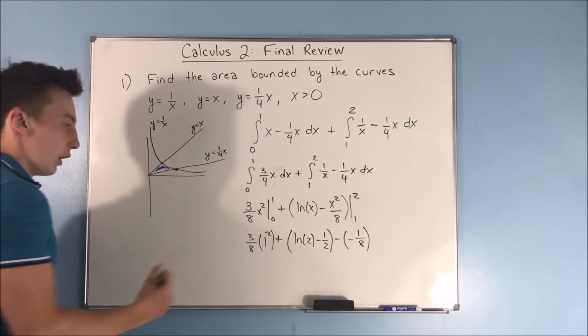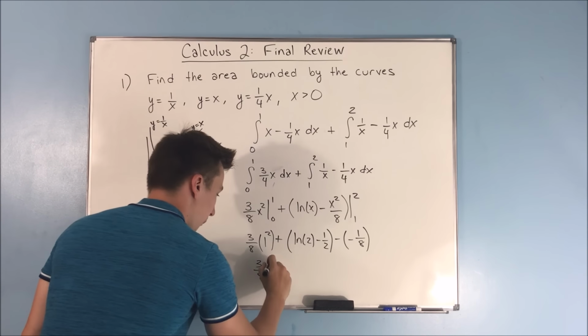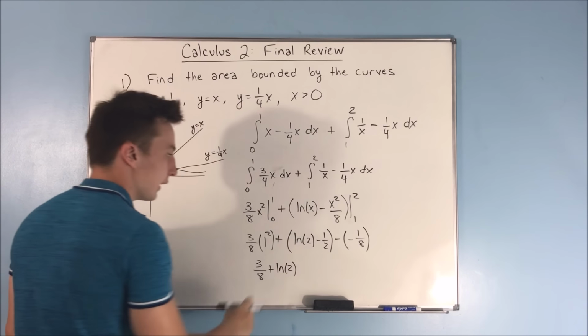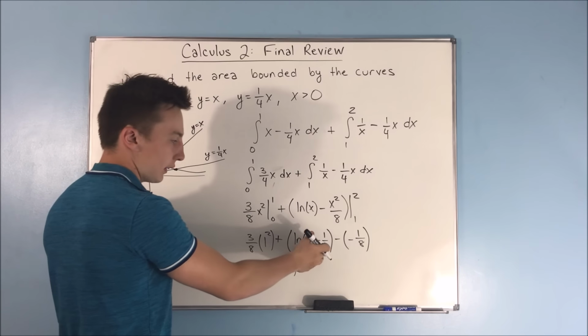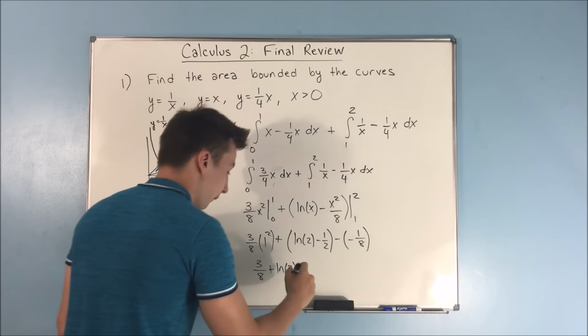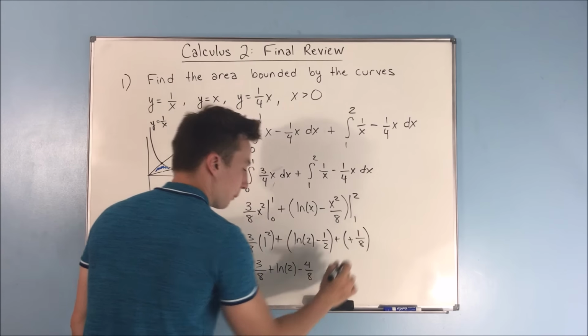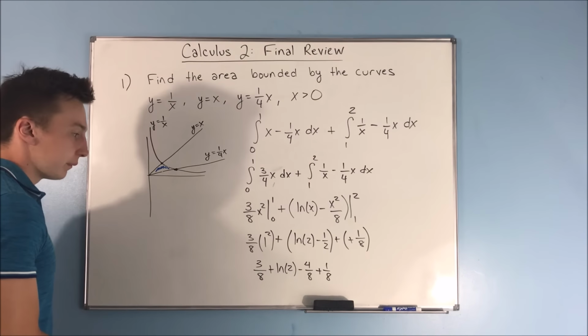Simplifying this a little bit, you get 3/8 plus natural log of 2 minus 1/2. You can see that we have 8s here, so we're just going to make this 1/2 a 4 over 8. So we'll have minus 4 over 8, and this will become plus, plus 1/8.